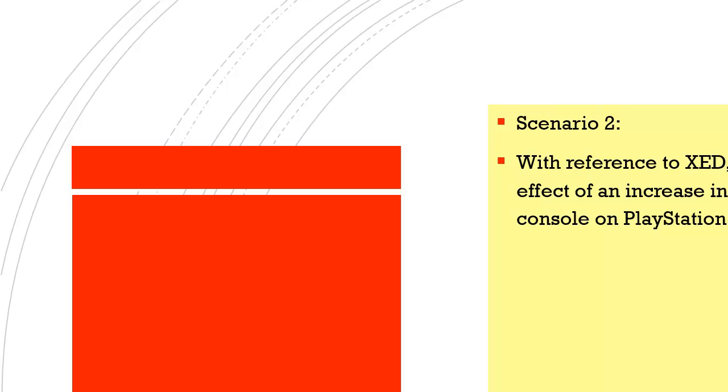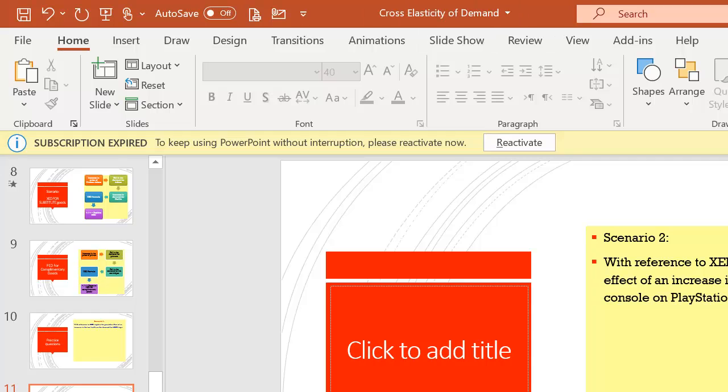So an increase in the price of the PlayStation would lead to a fall in the demand for the PlayStation controllers. This is a positive change over a negative change. This means that we're going to have a negative XED coefficient. All right?